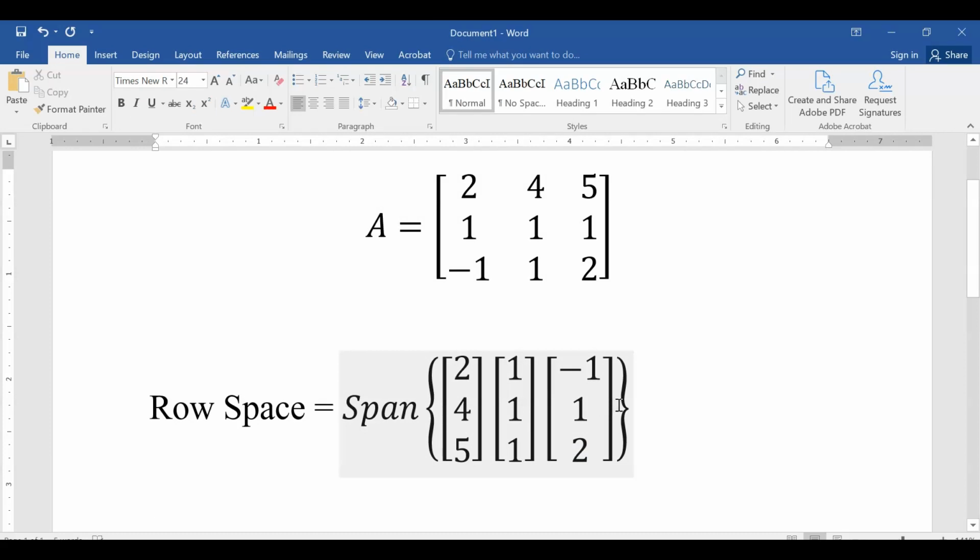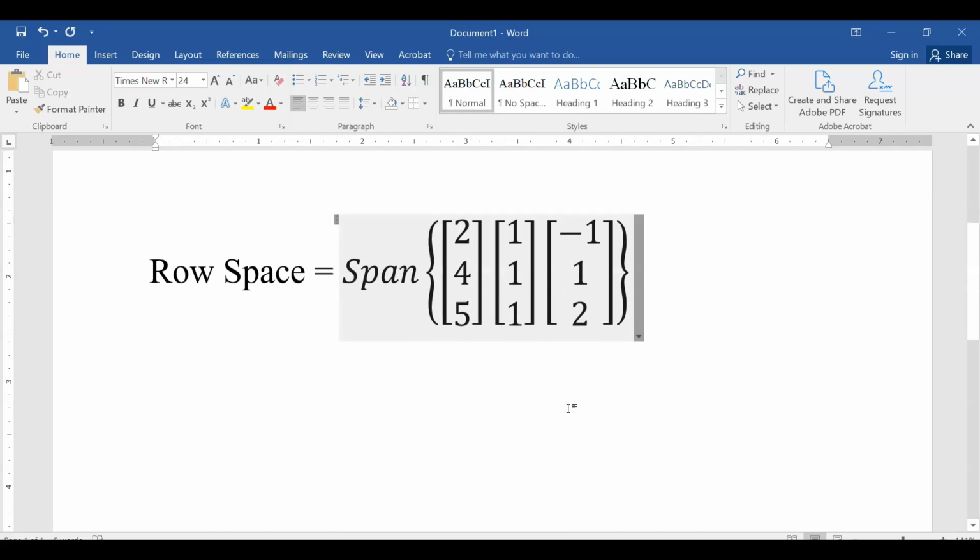Now, if I want a basis for this span, if I want a basis for the row space, what I could do is figure out which ones of these are linearly independent, which ones are linearly dependent, and throw out the dependent ones if I need to.